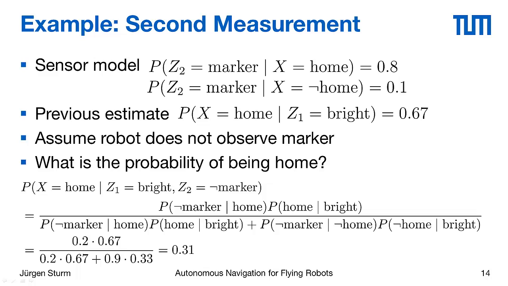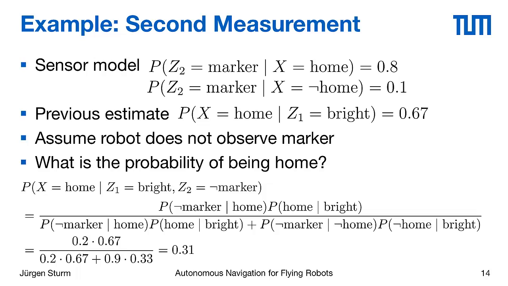And remember from our previous example, we computed a probability of 67% that we are above the landing site, given that we have observed the lights. So now let's assume that the robot does not observe the visual marker below it, and so we get a second observation Z2 that equals not marker.